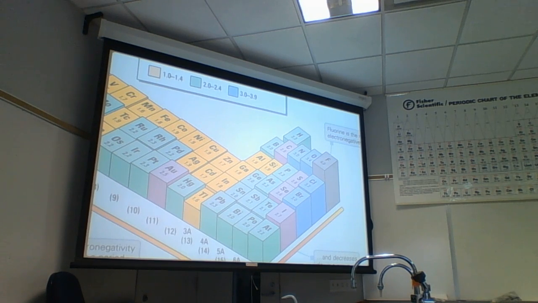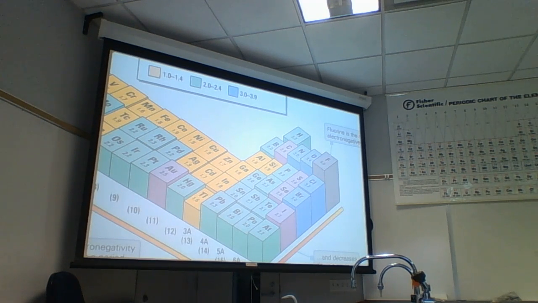Hydrogen in this book is a 2.2. Hydrogen in the Chem 1A book is a 2.1. It's off a little bit, but the difference is 0.4 for carbon-hydrogen. What's the difference between nitrogen and hydrogen? 2.2, 3.0, it's going to be a delta EN of 0.8.